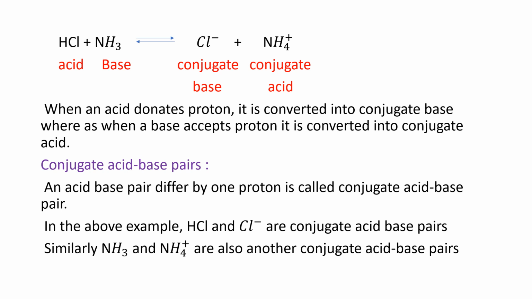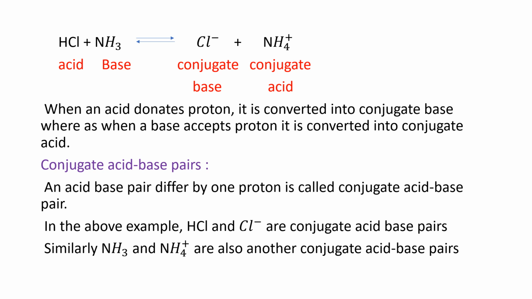Now let's see what conjugate acid base pairs are. An acid base pair that differs by one proton is called a conjugate acid base pair. So in between an acid and base pair, if there is a difference of one proton, in that case we can call that a conjugate acid base pair.